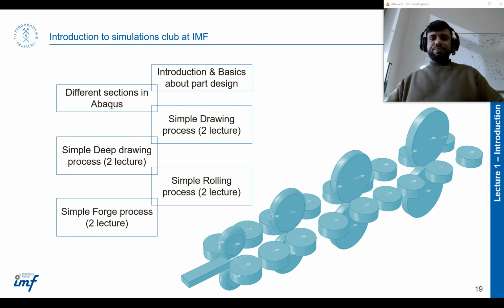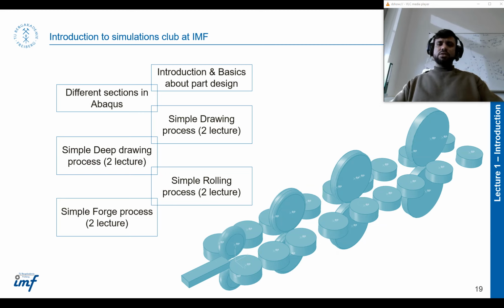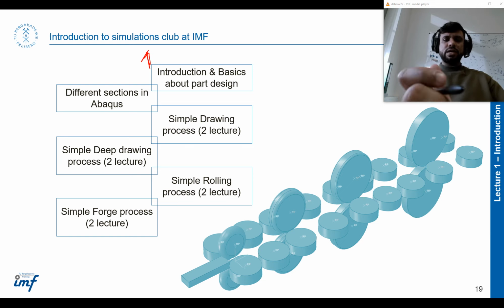What he does is break it down into smaller components. It will start with an introduction and basics about part design. Then he will move to different sections in Abaqus, and then talk about simple drawing processes, simple deep drawing processes, rolling, and forging processes.